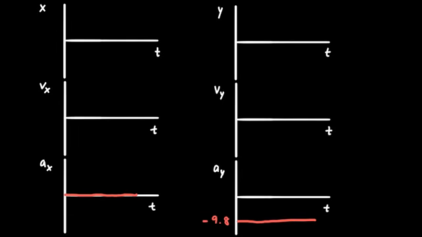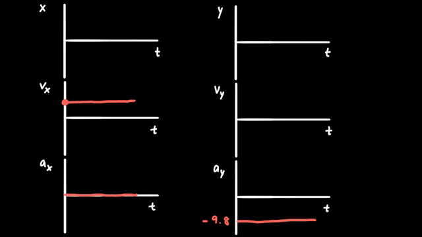If I take an object, and like in the previous picture, I launch it at some angle above the x-axis, above the ground, so it's moving up and to the right, then the initial velocity in the x direction is positive. For that reason, I should start off my velocity in the x direction graph at some positive number, and it should stay constant. Right? The acceleration is 0, therefore I must have a graph that has a constant slope.